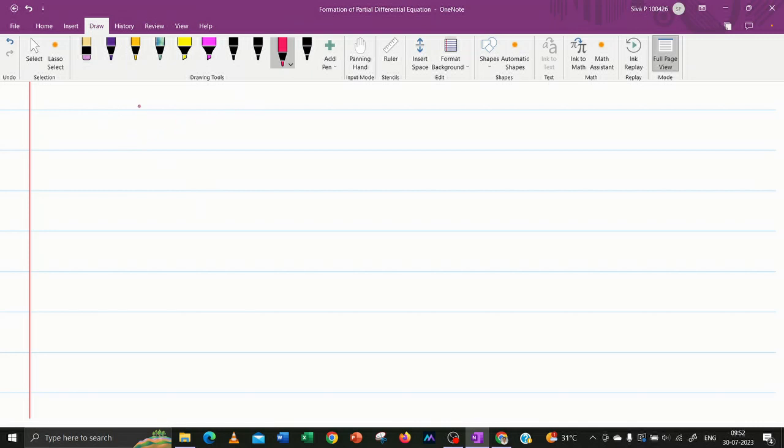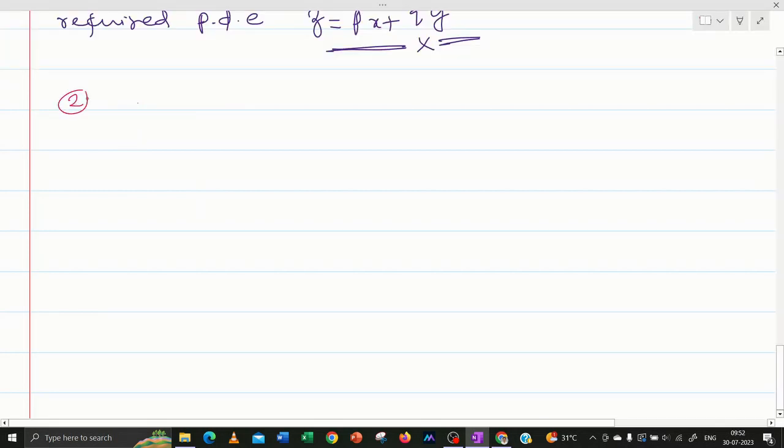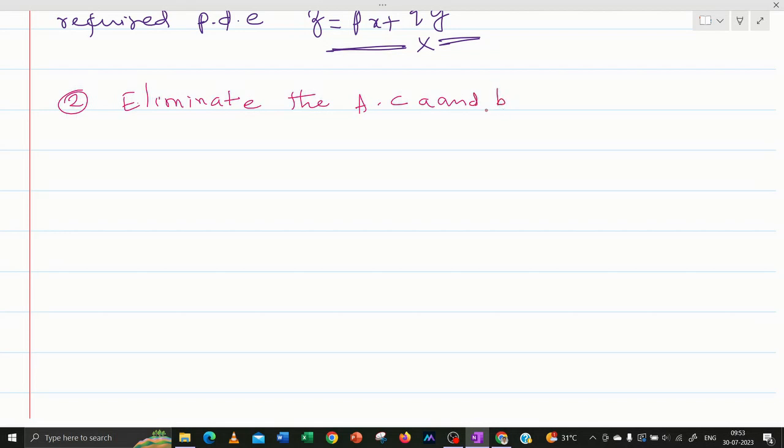Problem number 2. Eliminate the arbitrary constants a and b from z equal to ax plus by plus a square plus b square.